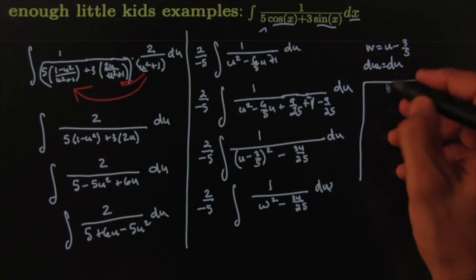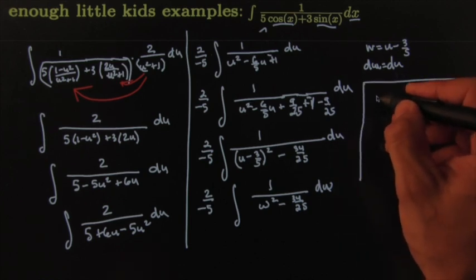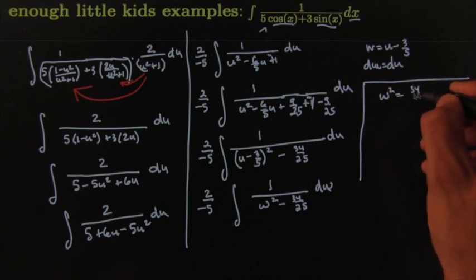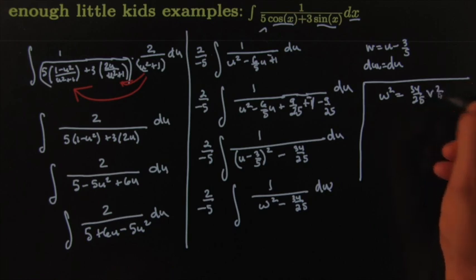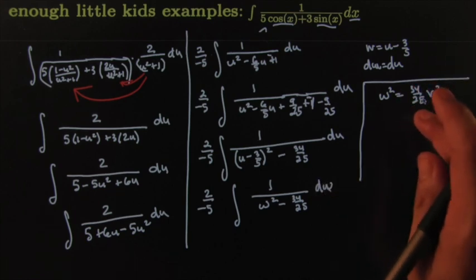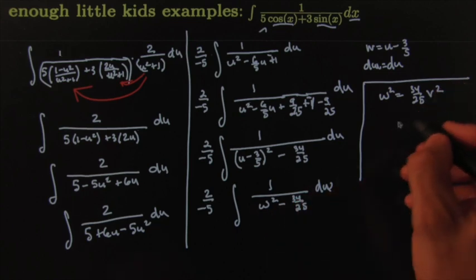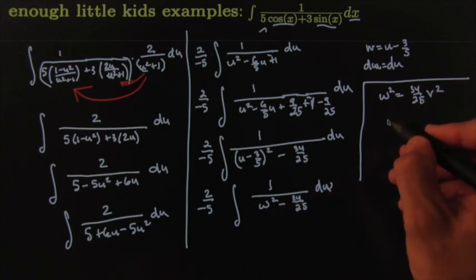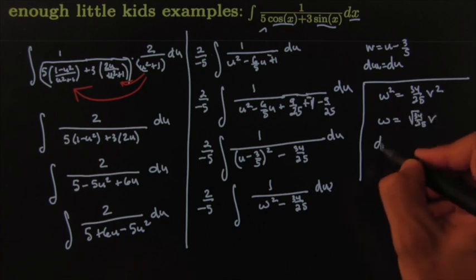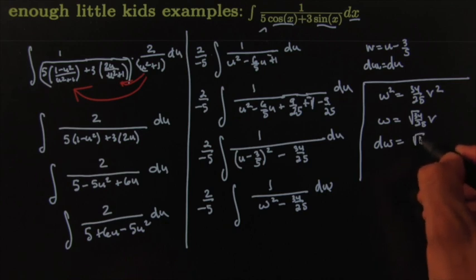I would like another substitution. Here, I'll show you a little baby trick. I would like w squared to be equal to 34 over 25 times v squared. Why? Because if I had a coefficient of 34 over 25 here, I could get rid of that. So really, I would like w to be equal to the square root of 34 over 25 v. So then my dw would be worth square root of 34 over 25 dv.